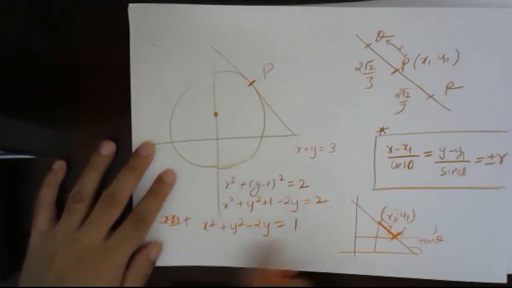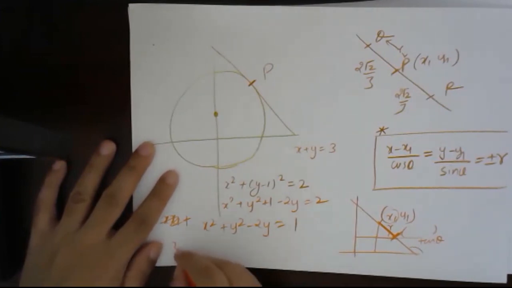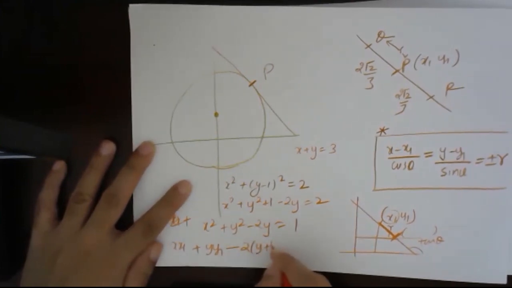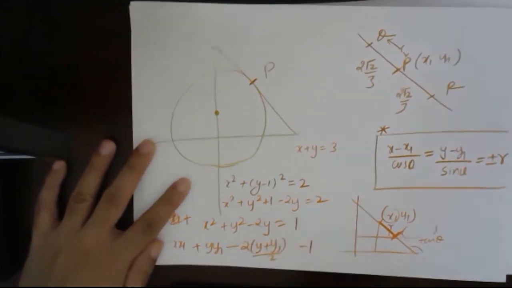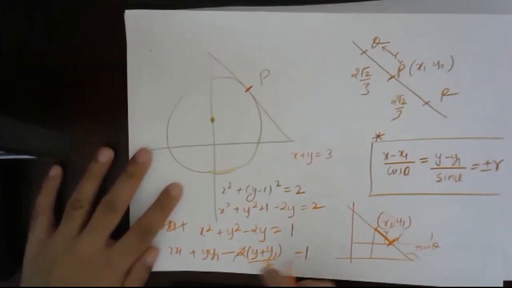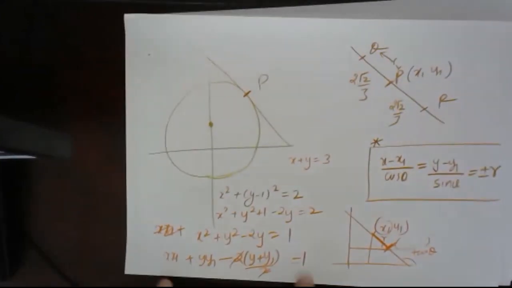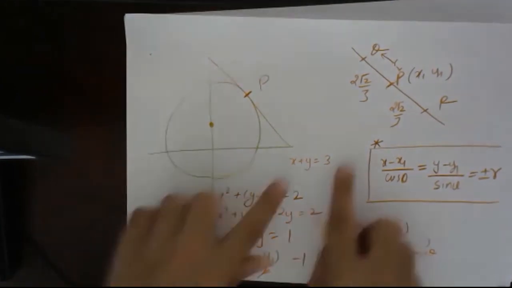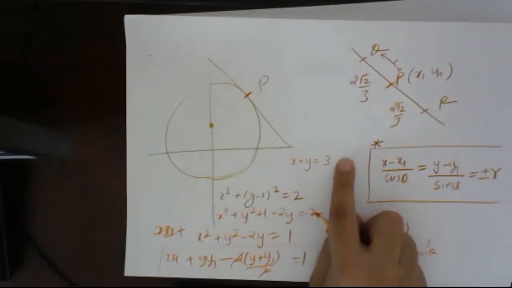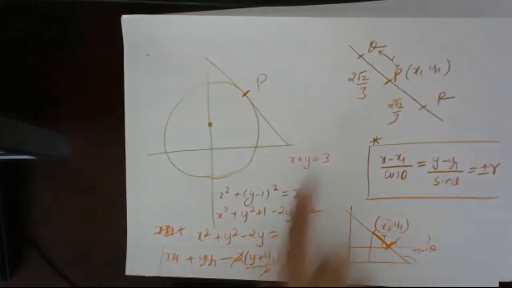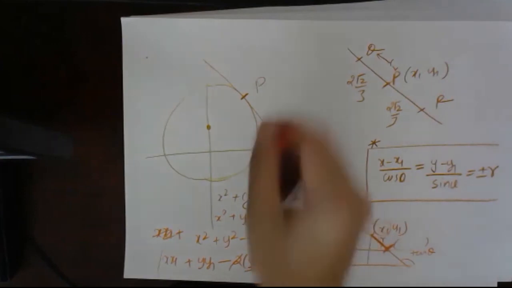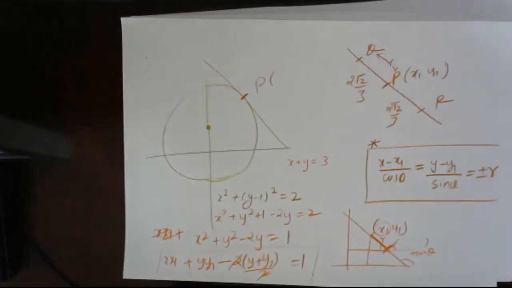So the equation of the tangent to this circle will be x(x1) plus y(y1) minus 2 times (y plus y1) by 2 is equal to 1. So this 2 and 2 get cancelled. If I compare this equation with the equation of the line which is already given, I can find the point P.